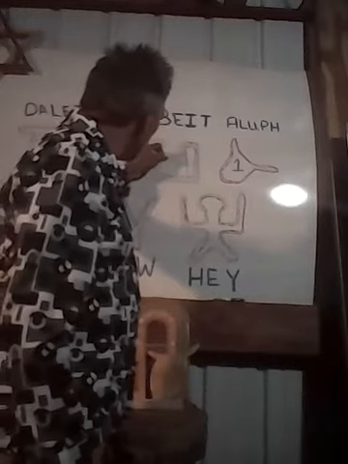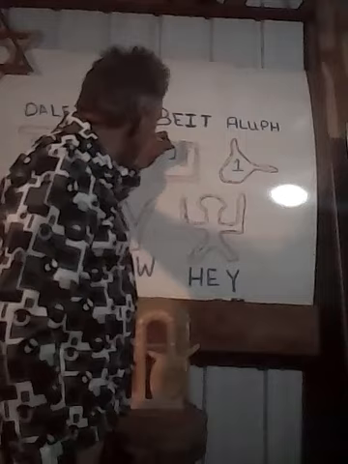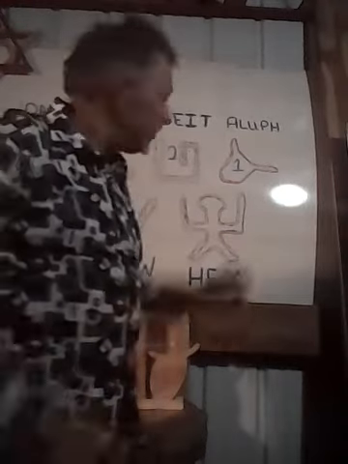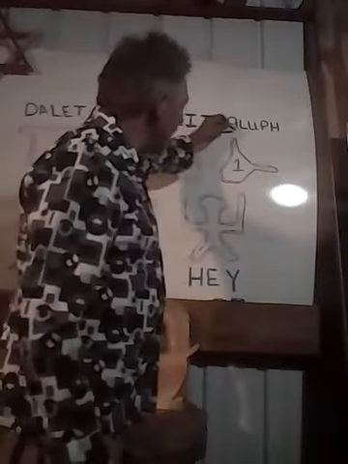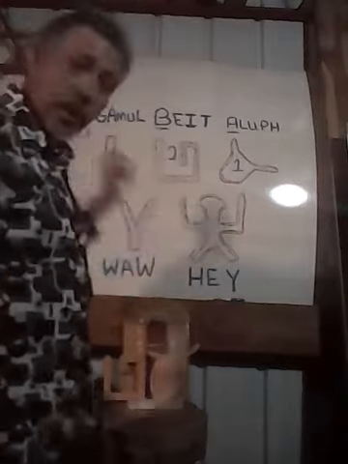So I'm going to put a 2 in the bait. It's kind of like English, A, B. The Aluph has a sound, the bait has a B sound. So we come to the third letter, which is the Gamo.